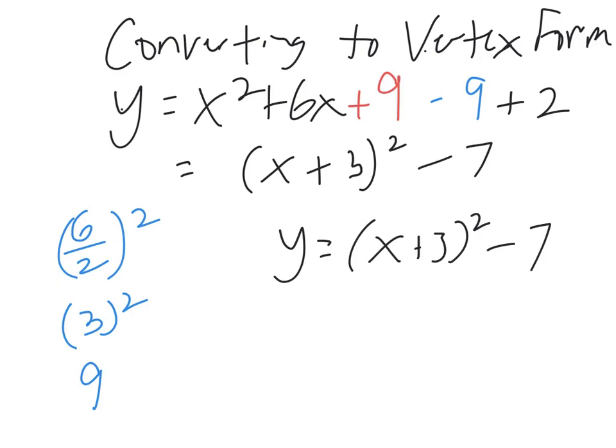The vertex then is, now remember, the vertex form is minus h, so since I have a plus 3 here, the x coordinate of the vertex is minus 3, again the opposite, like we talked about in the previous slide. And then the k, the y coordinate, is the same sign, so that's minus 7. So there's the vertex, and it's in vertex form. In this case, the a, which is normally right here, is actually just 1.